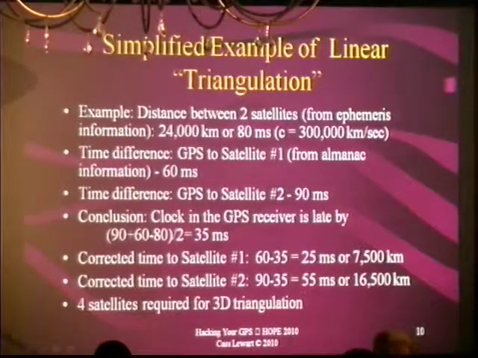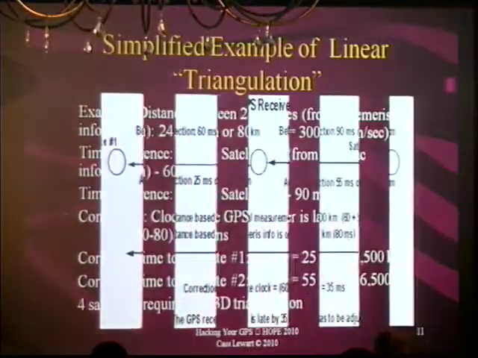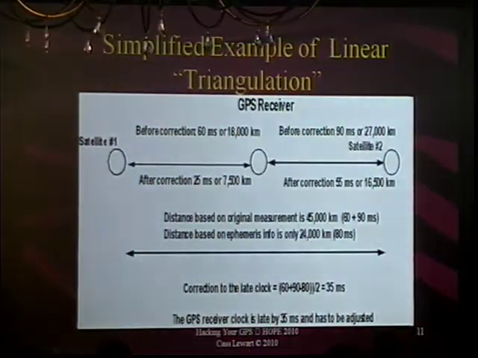So here I showed those, a repeat of what I was saying. And here's a little picture which shows it. Basically, you get your clock signals from satellites. You know where the satellites are. You know what the satellite's position is. And from this, you can derive how late or fast your local clock is. You adjust this local clock.